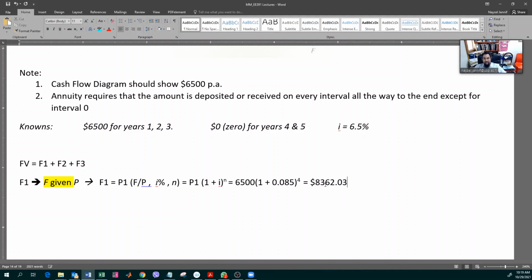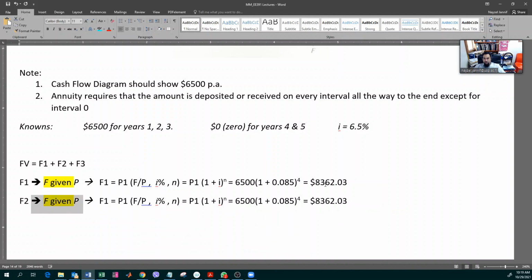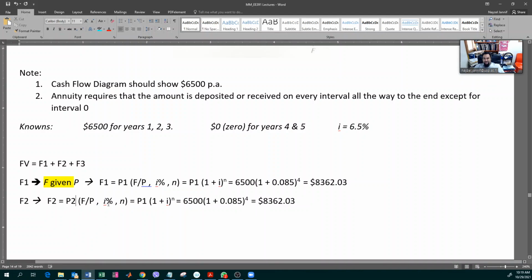All right, let's look at F2. F2 will be the same thing, so we just write down the value over here. But what will be the n for F2, guys?